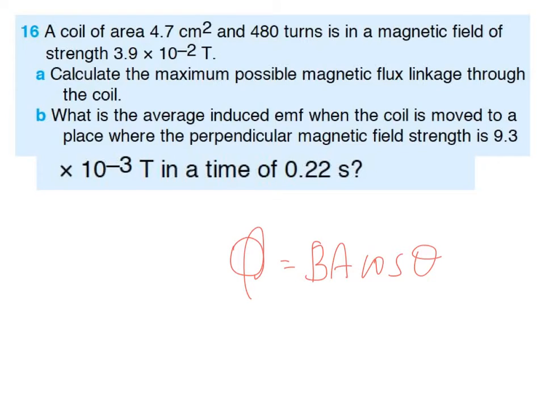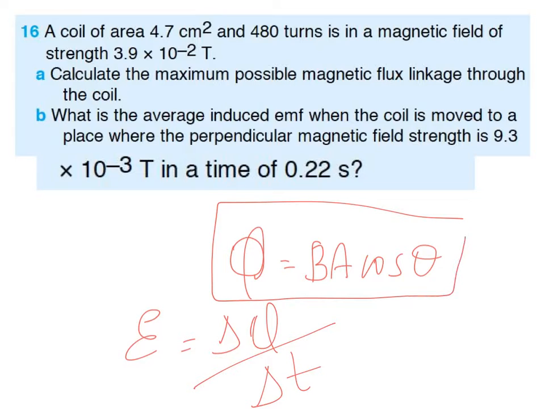So if our relationship is as follows, change in flux over change in time, we work out our new value. So your answer to A is what you had at the beginning. Your average induced EMF when the coil is moved to a place where the magnetic field strength is 9.3 times 10 to the minus 3. So from here you need to work out a new value of phi. So you then work out the change.